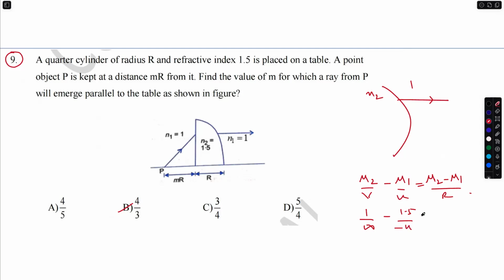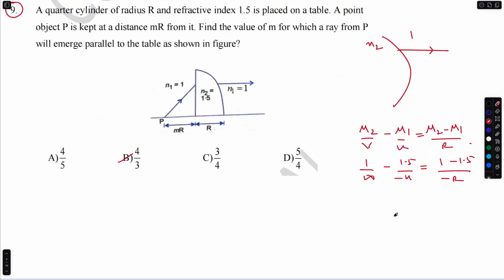The other side, 1 minus 1.5 by radius in the opposite direction, minus R. So finally I can make it 3 by 2u is 1 by 2R. 2 cancels, u is 3R. So for an observer in this, it should come from somewhere at 3R.